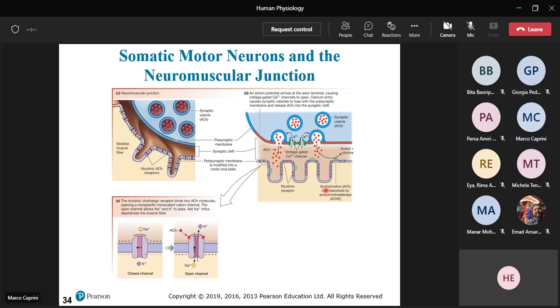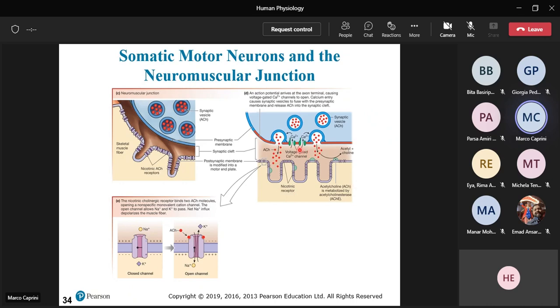This depolarization is called the end plate potential, EPP. The end plate potential is always depolarizing, and it always reaches the threshold and initiates a muscle action potential.